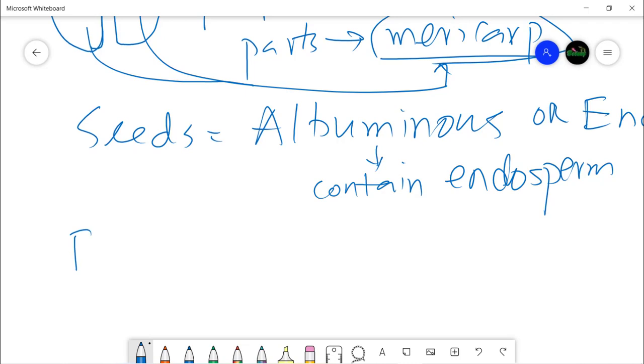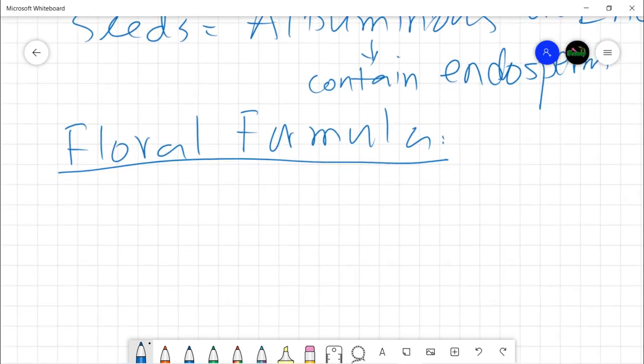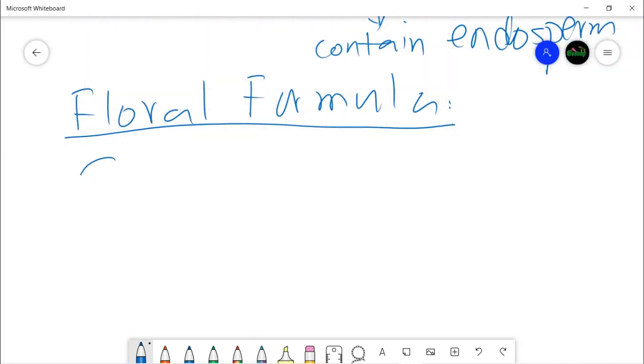And finally, the floral formula of the family. As you know, in the floral formula, we indicate the symmetry of the flower, so mostly they are actinomorphic. So we have a small circle with a plus sign in the center. This is the symbol for actinomorphic. However, sometimes the flowers are zygomorphic as well.